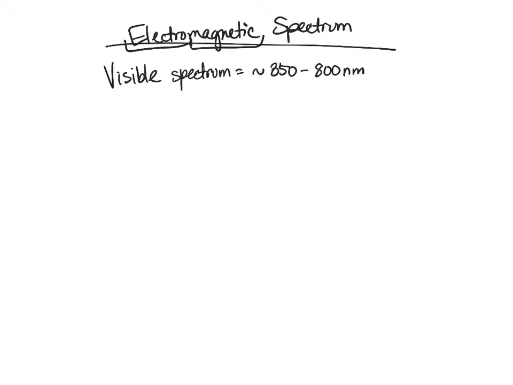This is our visible spectrum, all of the wavelengths that we can see, because this is what our lenses and our eyeballs are going to be able to separate and allow us to see. We can't see the other things like the ultraviolet light and the X-rays and the infrared and the radars and all of these other types of waves that are moving around us. What we see is the visible spectrum, which is why it's called that.